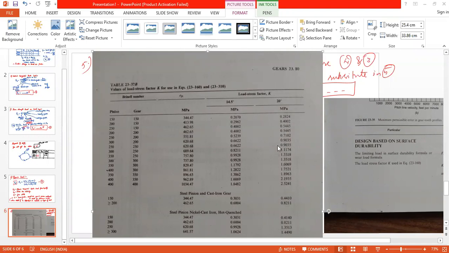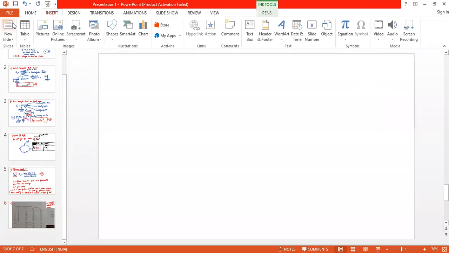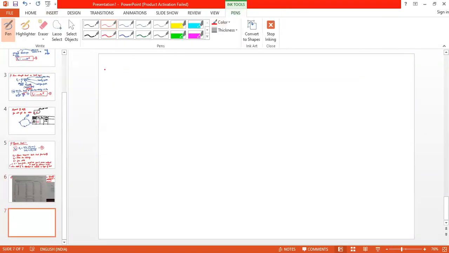This is the design procedure for spur gear. After doing all these things, you need to make the table, that is D1, D2, Z1, Z2. You need to give all these data finally. That is nothing much, the design.